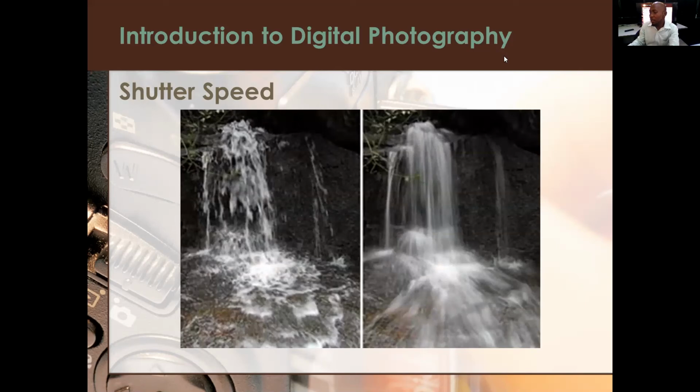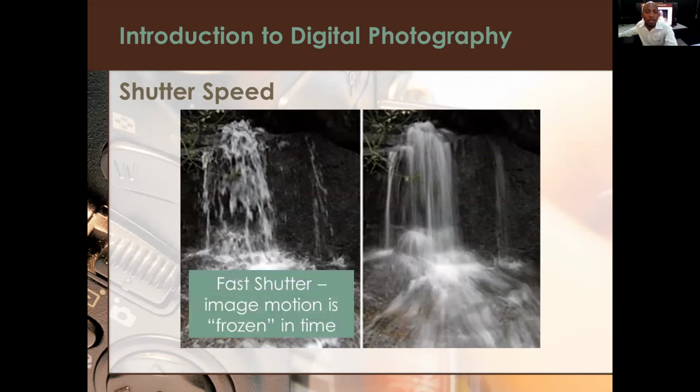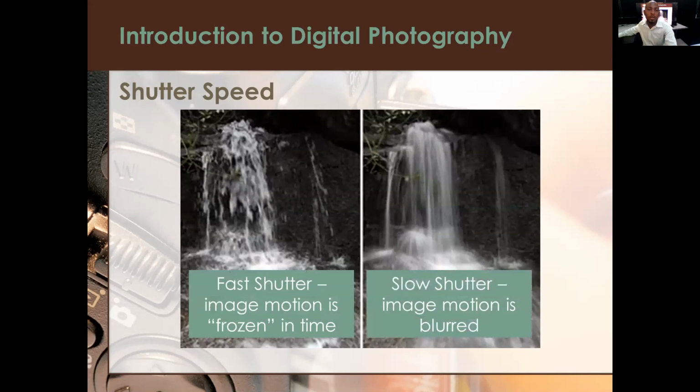Okay, so for some more on shutter speeds, in this image, we see where we're using fast and slow shutter speed. The one on the left has fast shutter, and the image motion is frozen in time.